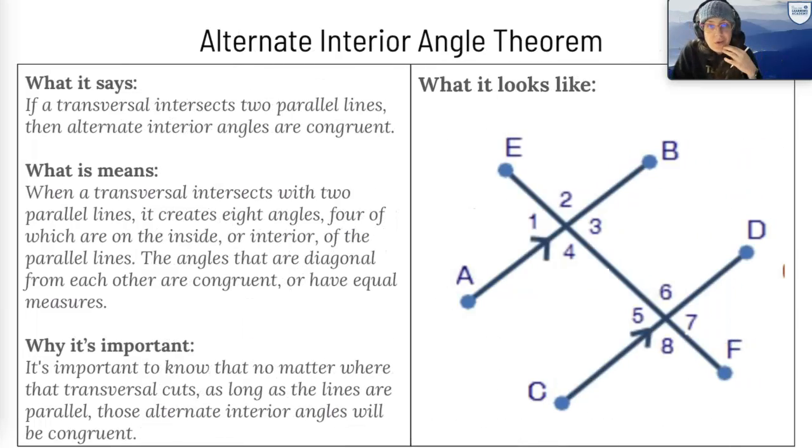Remember, you can pause this video at any time, go back, rewind, read the things, take the notes, and ask me questions. Alternate interior angles explain themselves. They are on opposite sides of the transversal, but on the interior of the parallel lines, and they are congruent.